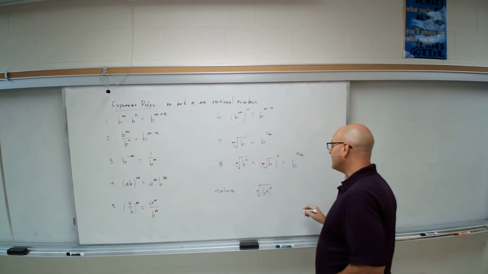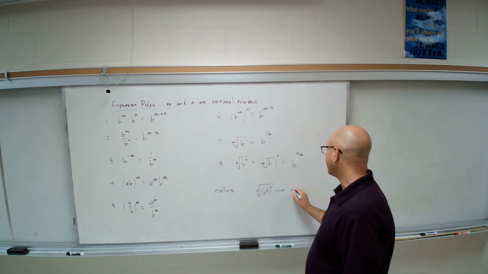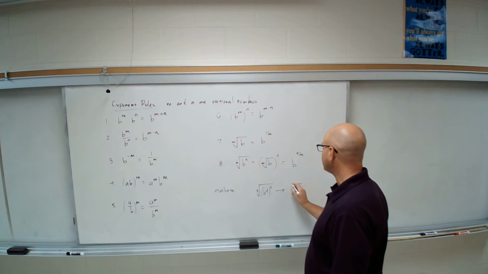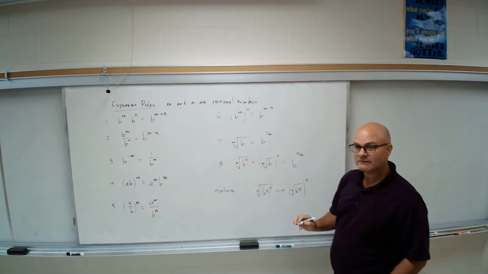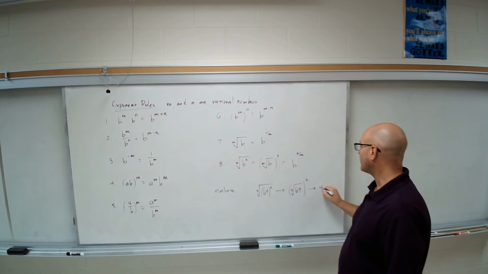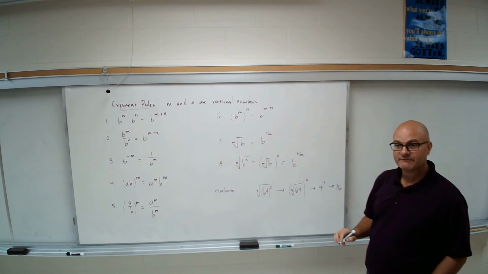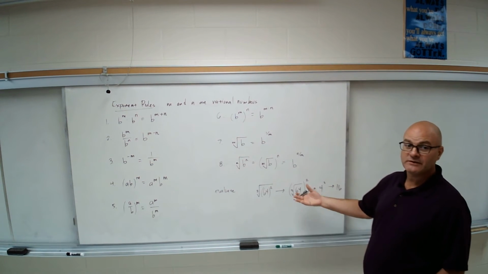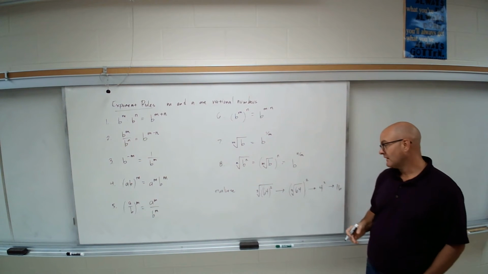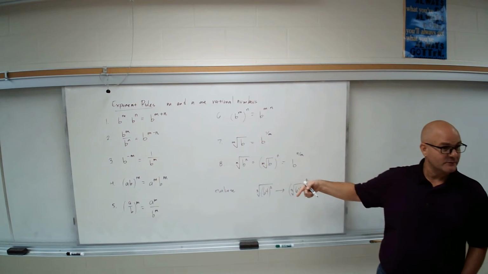So what we want to do is take advantage of this fact that we can do the cube root of 64 first and then square it. The cube root of 64 is just 4, and then the answer would just be 16, as opposed to the other way, which would have been a lot of work. The cube root of 64 is 4 because 4 times 4 times 4 is 64.